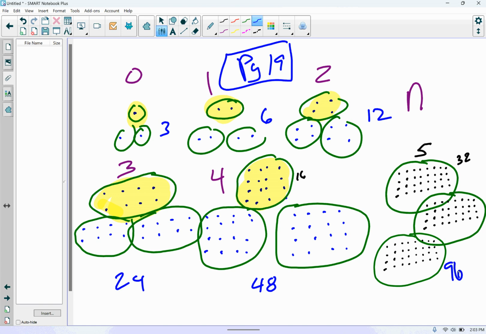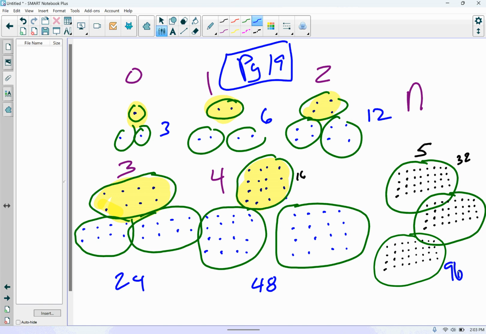Okay, again, we're starting with N. Maybe let's try and make a table out of this. See what we can do with a table. If I made a table, I could say 0, 3.